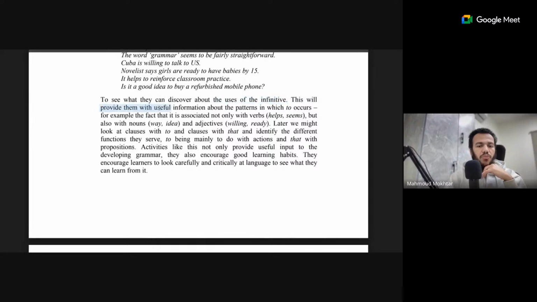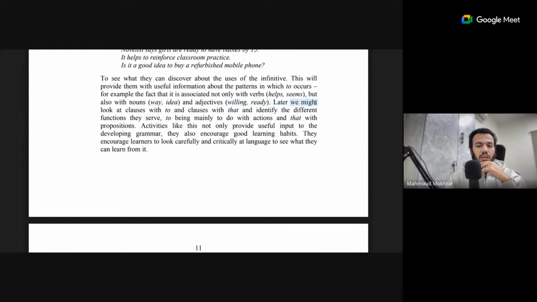This will provide them with useful information about the patterns in which "to" occurs. For example, the fact that it is associated not only with verbs like helps and seems, but also with nouns, way, idea, and adjectives, willing, ready.